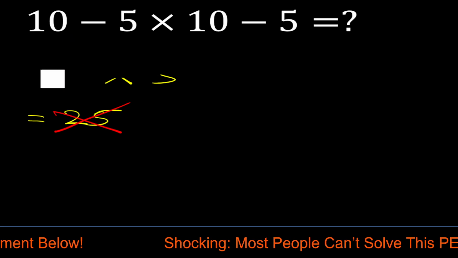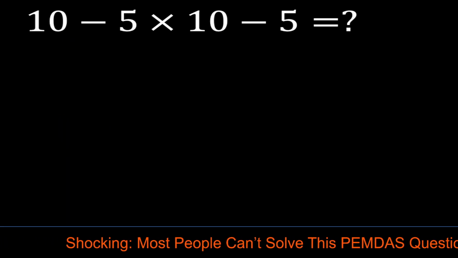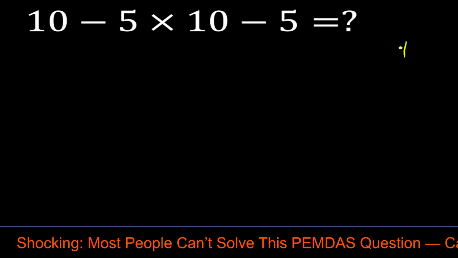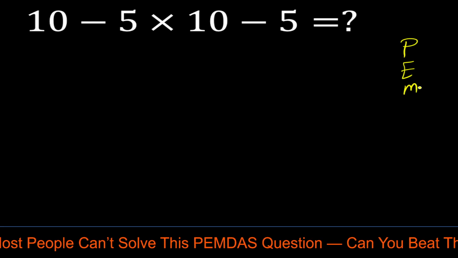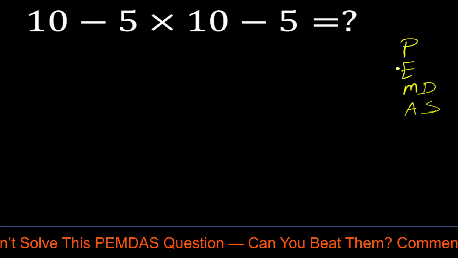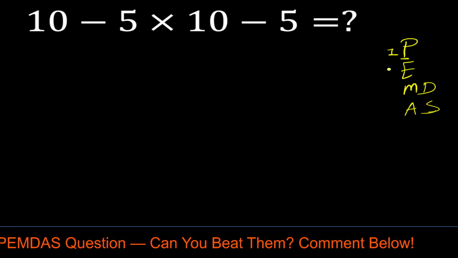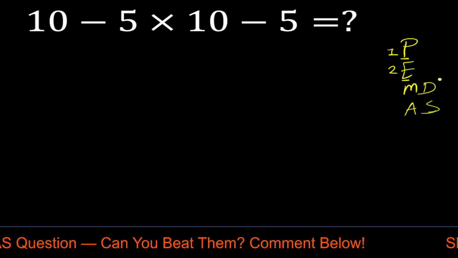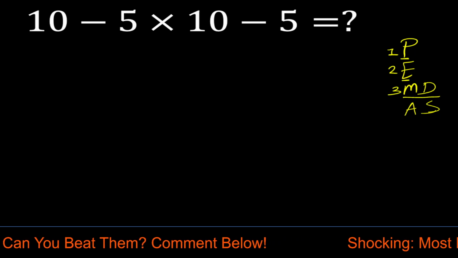So now let's solve this problem correctly by using the PEMDAS rule, right? PEMDAS, P E M D A S. According to the PEMDAS rule, first priority is parentheses, then second priority is exponents, then third priority is multiplication and division.